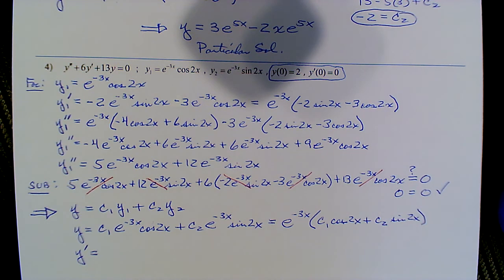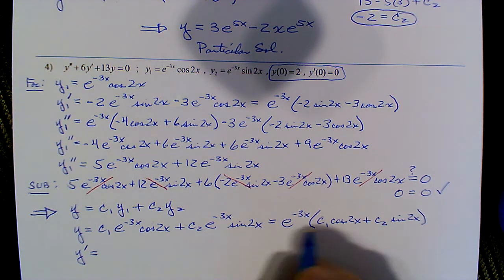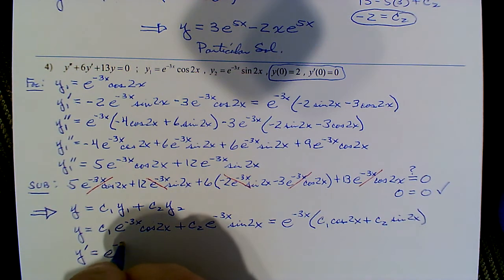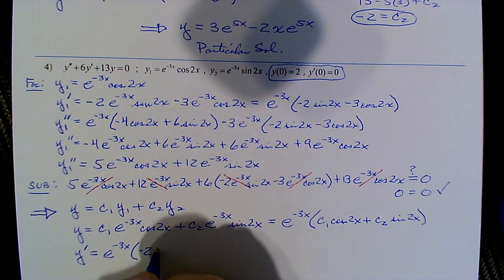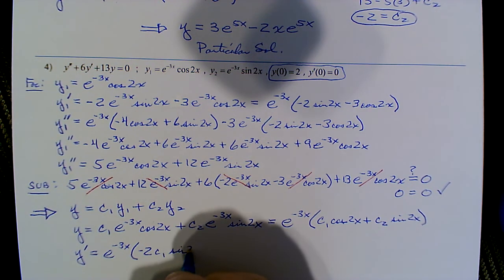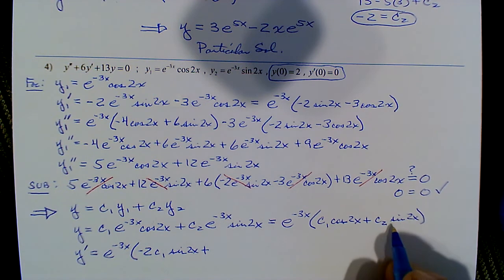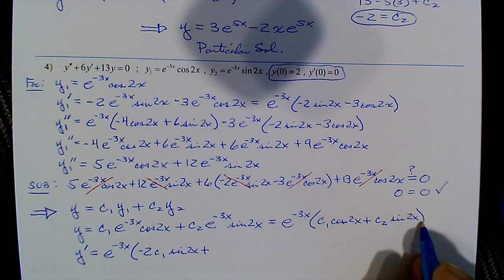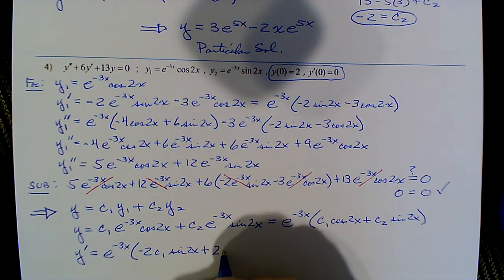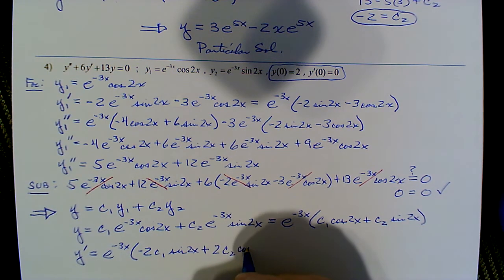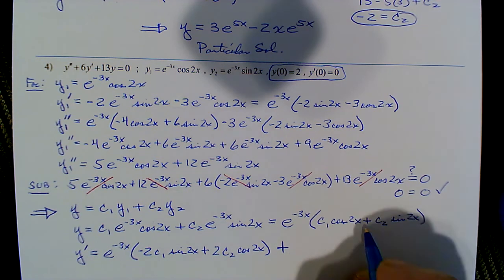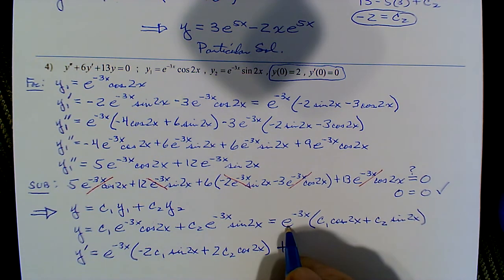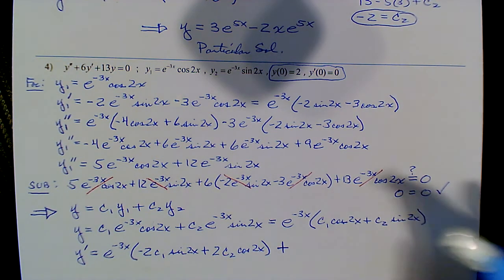And so we get the first factor, e to the negative 3x, derivative of the second, what's in parentheses. Cosine becomes minus sine of 2x times 2, so minus 2C1 sine of 2x, and then plus the derivative of sine of 2x is cosine 2x times 2, so plus 2C2 cosine 2x. Alright, big plus for the product rule. Second factor, what's in parentheses, derivative of the first is e to the negative 3x times negative 3.